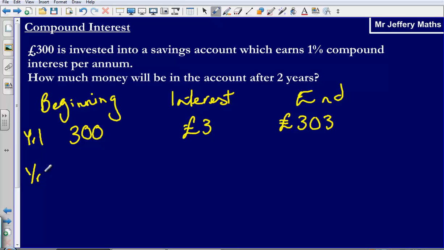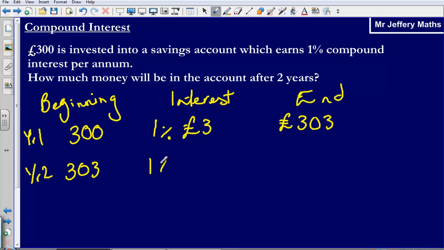So in my second year, at the end of year 1 I had £303, so at the beginning of year 2 I'm going to have the same amount, 303. Now I need to find out what 1% would be. My 1% here was £3. This time round it's going to be slightly more because I've got more in my bank account now.